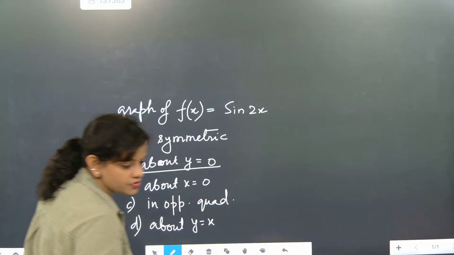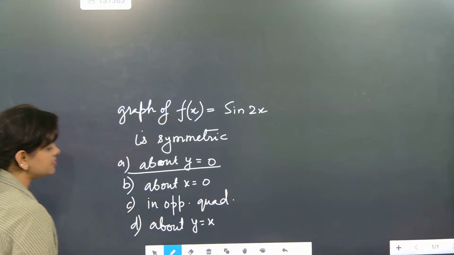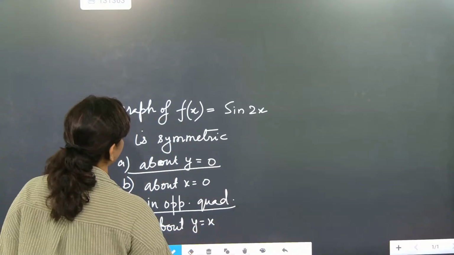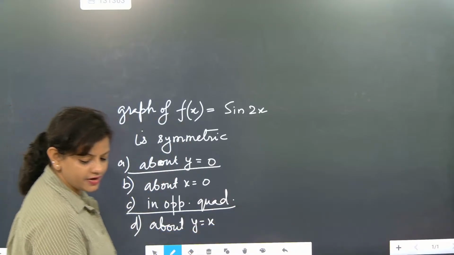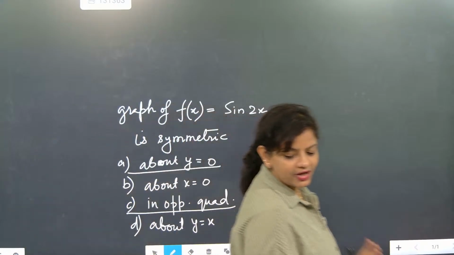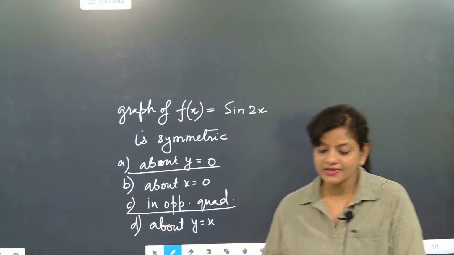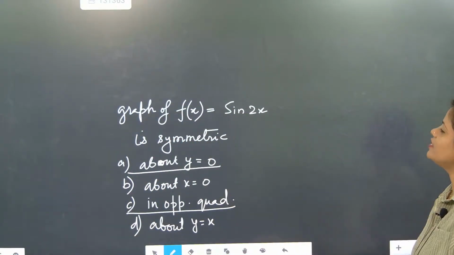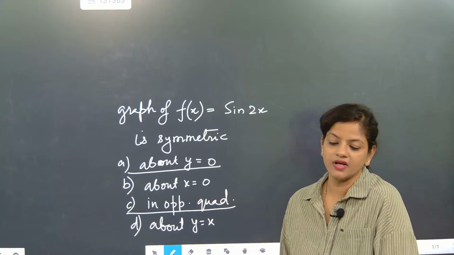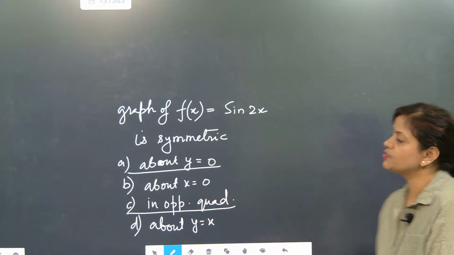Very good. So Shilpa D. Ram has given answer C, in opposite quadrant. Very good. You nailed it. But can you tell me why this is in opposite quadrant? What is the meaning of opposite quadrant? It is symmetric about opposite quadrant.